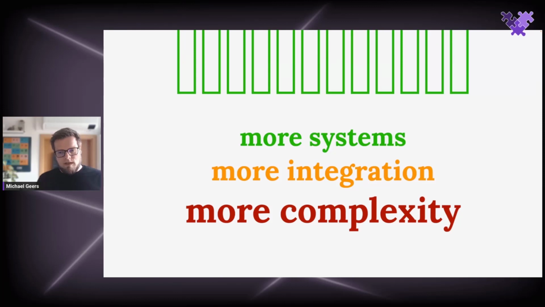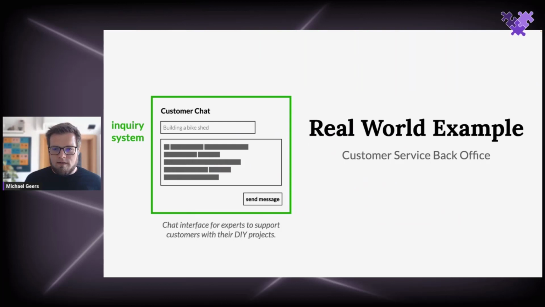And more integration points can also mean more complexity. So we are really careful about premature slicing of systems, and in general try to run with bigger systems as far as we can get away with it. And now I'll show a practical example to highlight some issues you could face when you go to fine grain.